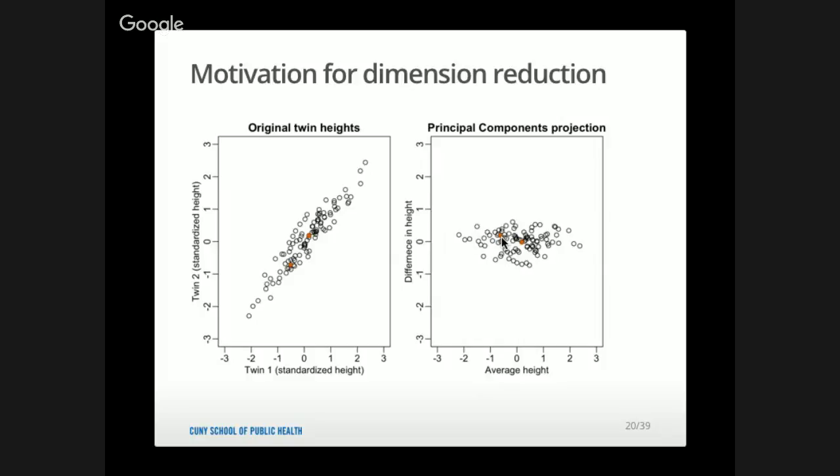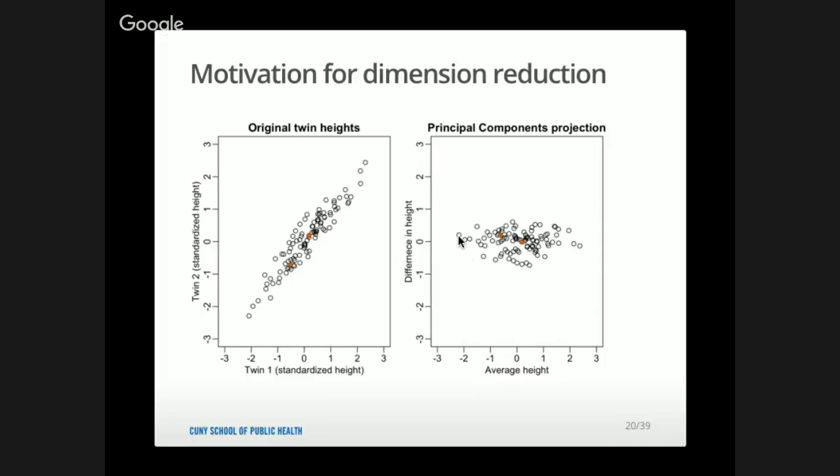But the key aspect here is that we have rotated into a different coordinate system, where the x-axis, the average height, is your most important variable, and the deviations from that, the differences in height, are quite a bit smaller.